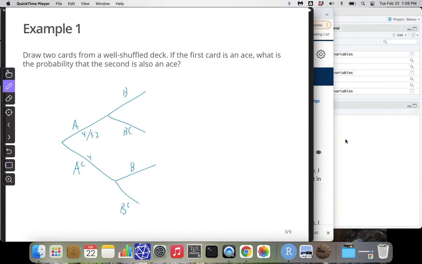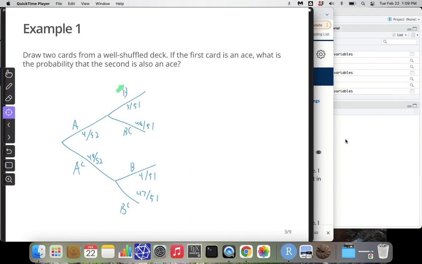The probability of not drawing an ace first is 48 out of 52. And here's the 3 over 51 that we saw before, and this will be 48 over 51. If we don't draw an ace first, the probability of drawing an ace second is 4 over 51, and we have 47 over 51 here.